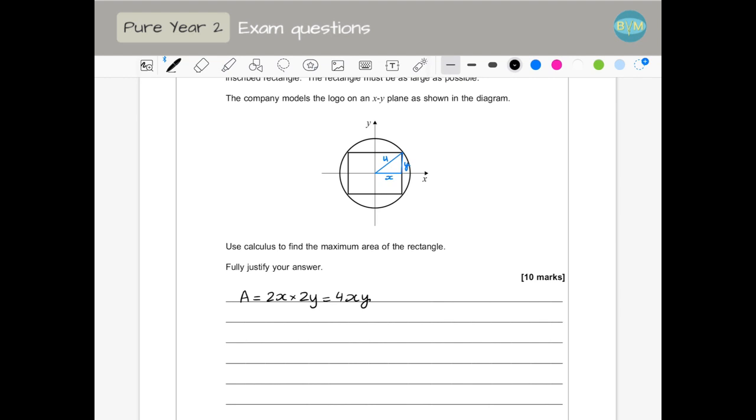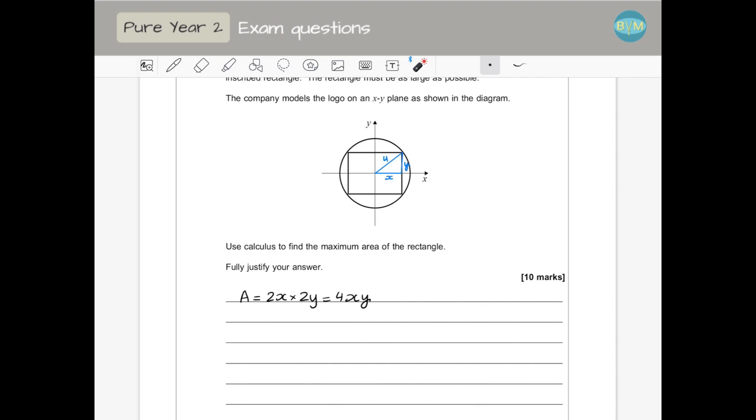If we want to make it maximum, we have to differentiate. To differentiate, we are going to write our area in terms of just one of the parameters. So instead of x and y, we use just one of them. To eliminate one of them, we use the fact that the hypotenuse of this triangle is 4.